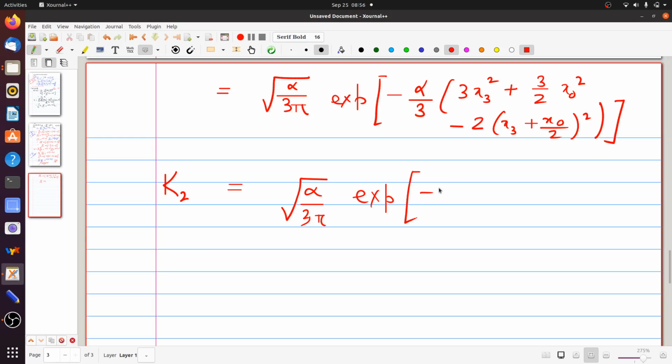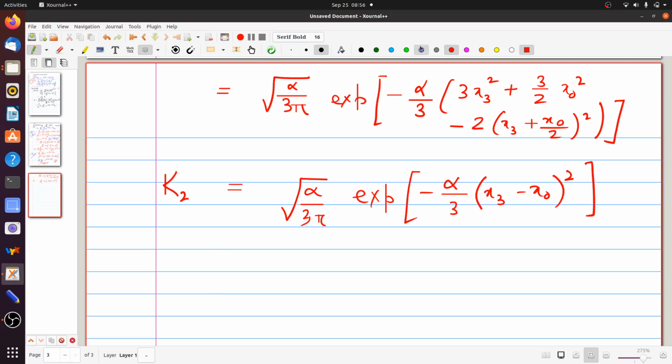and this works out to minus alpha by 3, and you can easily see that if you square this out using our favorite (a plus b) whole square formula, I get 3x3 square minus 2x3 square here, that's simply an x3 square, the 3 by 2 x0 square minus 2 by 4 x0 square simply gives you a single x0 square, and then you have a minus twice x3 x0 from here, so this is simply (x3 minus x0) whole square.